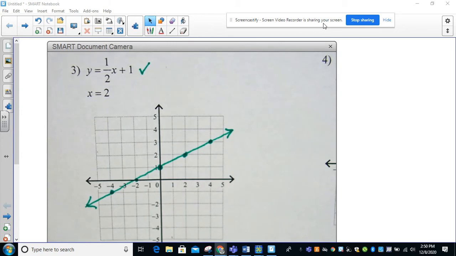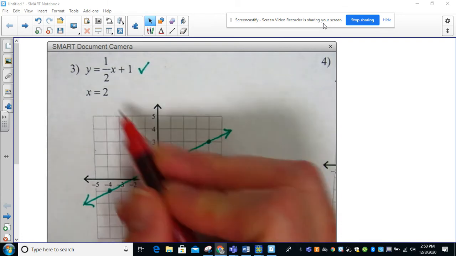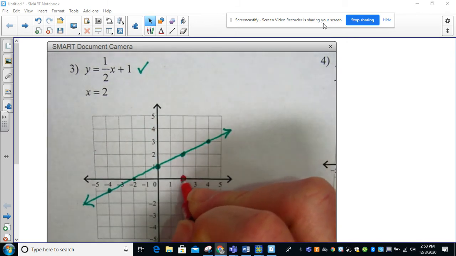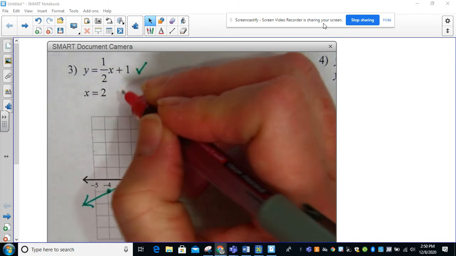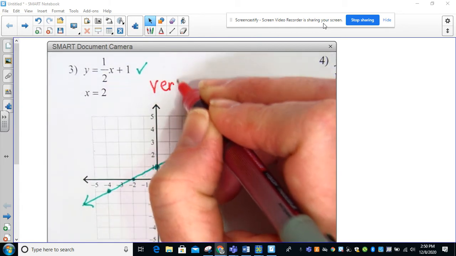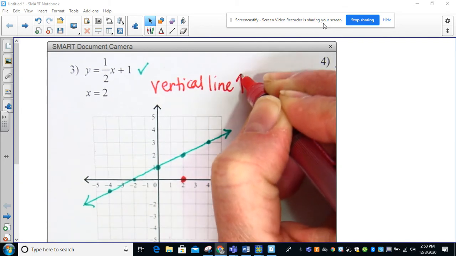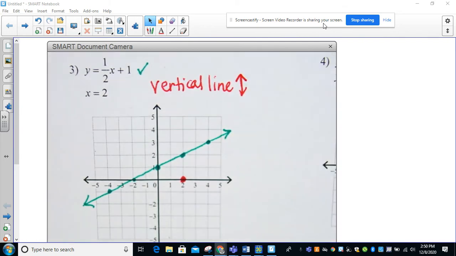Now the second one is something special. We have x equals a number. Well, I'm going to go on the x-axis, and I'm going to put a point on that number 2. Right there. Now, I know, and hopefully you know, that when you have x equals a number, that is a vertical line. Straight up and down.